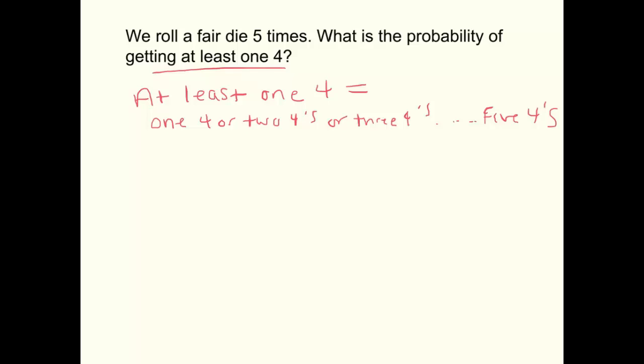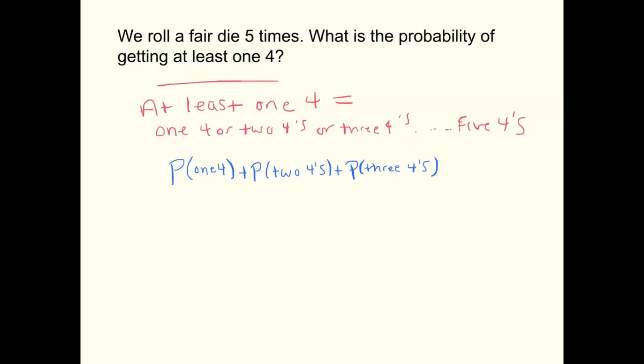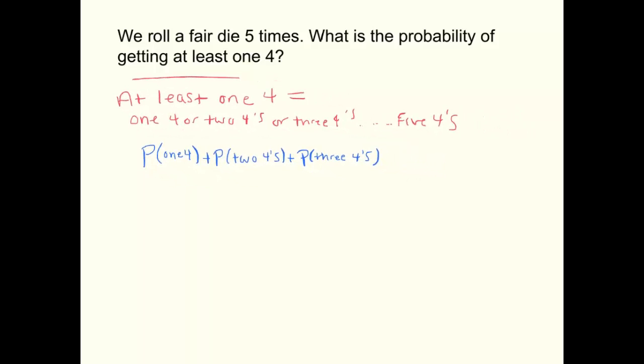So if we want those probabilities, one way we could think of it is, we just need to figure out the probability of getting 1 four. So let's write the probability of 1 four, plus the probability of getting 2 fours, plus the probability of getting 3 fours, plus the probability of getting 4 fours, plus the probability of getting 5 fours, right?